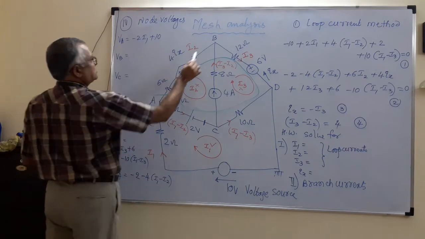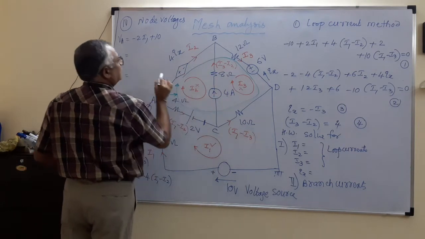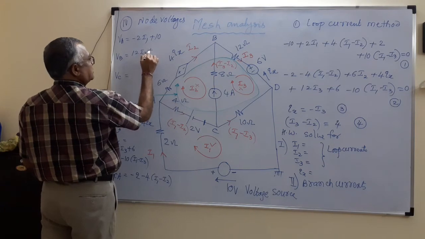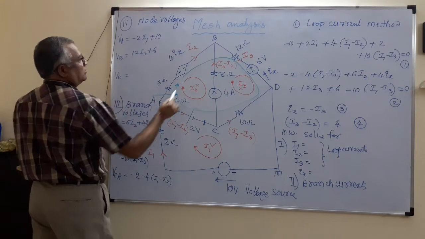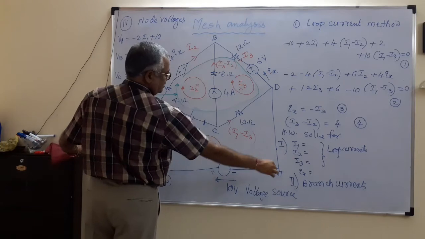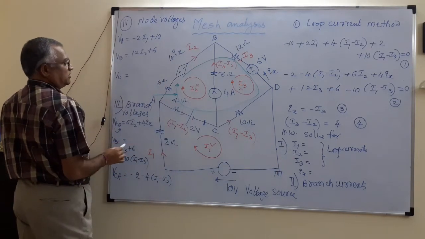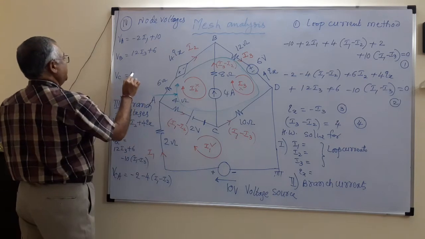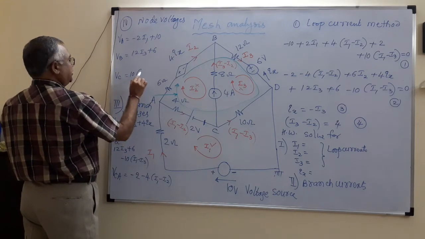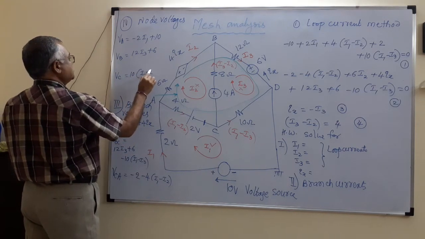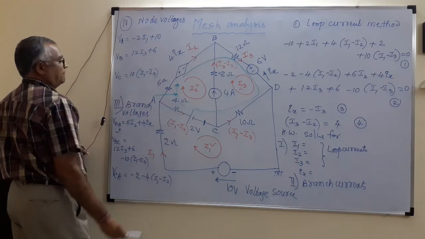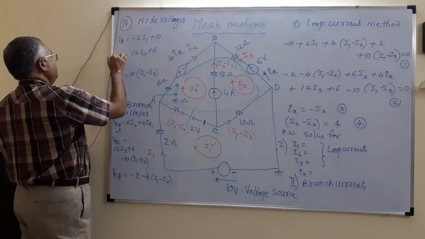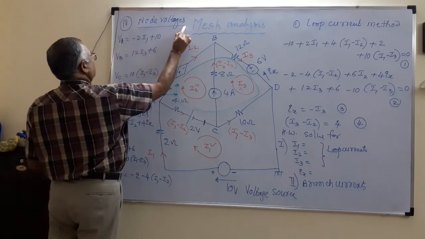What is VB? Start at B, go to ground: 12I3 plus 6. What is VC? Start at C, go to ground: 10 into I1 minus I3. So VA, VB, VC are called node voltages.